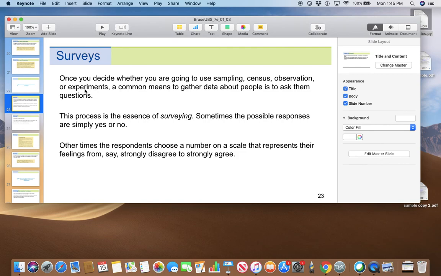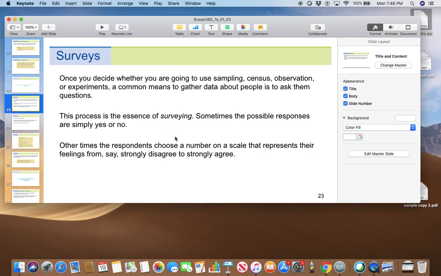Surveys. Once you decide whether you are going to use sampling, census, observation, or experiments, a common means to gather data about people is to ask them questions. This process is the essence of surveying. Sometimes the possible responses are simply yes or no. You have taken many surveys yourself.